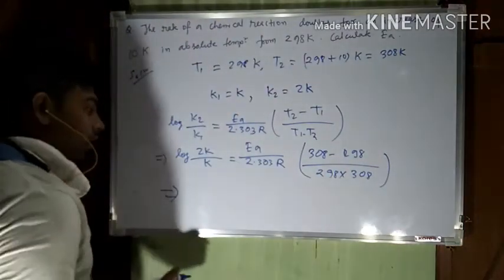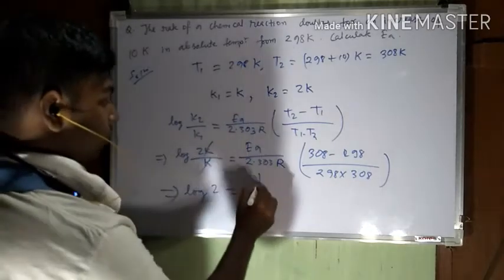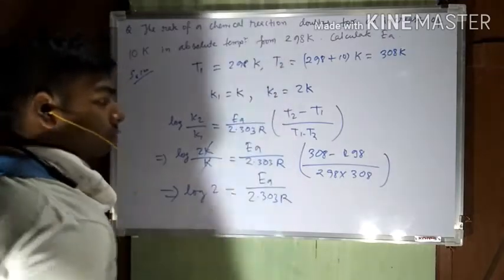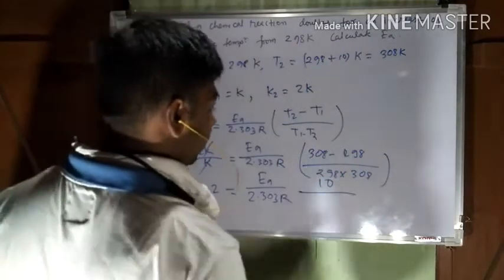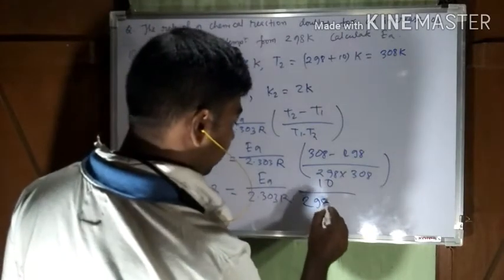Now if we calculate, K cancels, and we get log 2 equals EA by 2.303 R times 10 by 298 into 308.